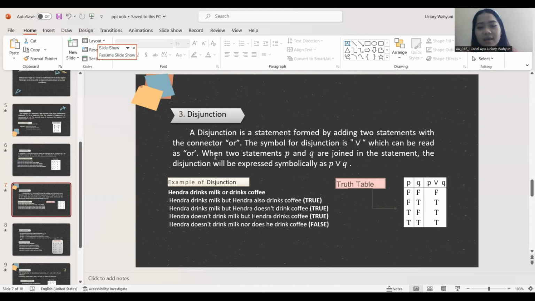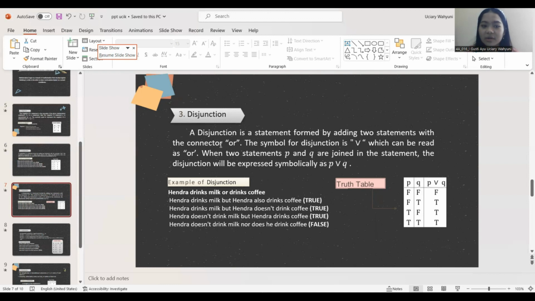When two statements P and Q are joined, the disjunction is expressed symbolically as P or Q. Okay, guys, before we discussed conjunction, now disjunction.